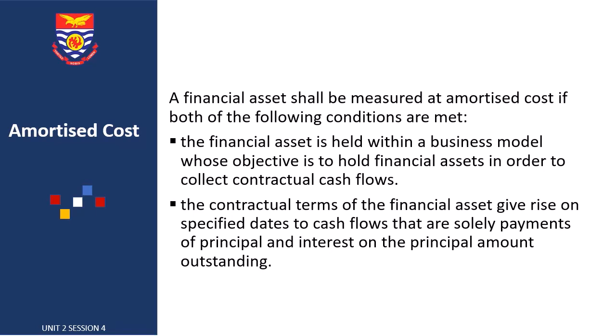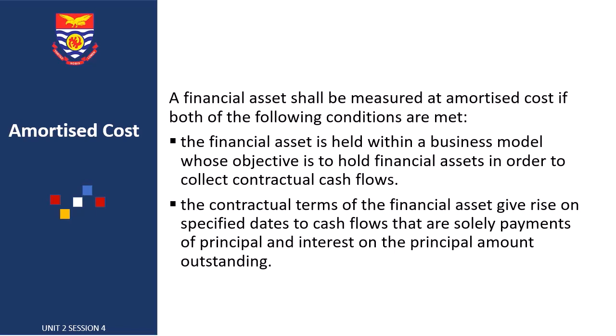Now, for a financial asset to be measured at amortized cost, these two conditions must be met: the business model and the contractual cash flow characteristics. Now, for the business model, we have to look at the objective of the holder.